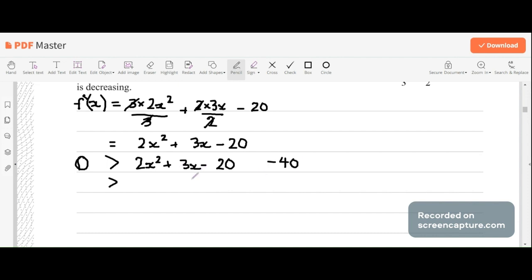So it'd be negative 5 and positive 8. So 2x squared plus 8x minus 5x minus 20. Okay.